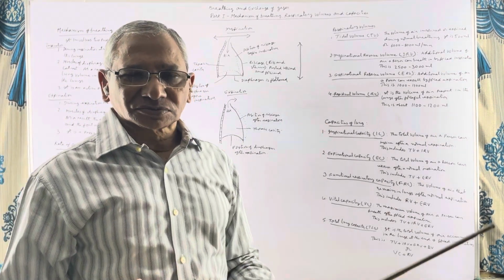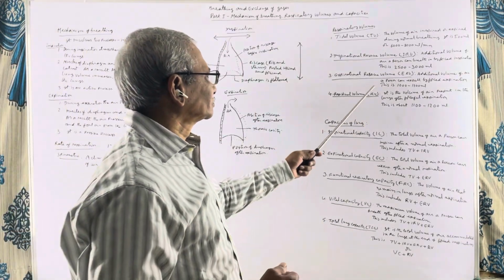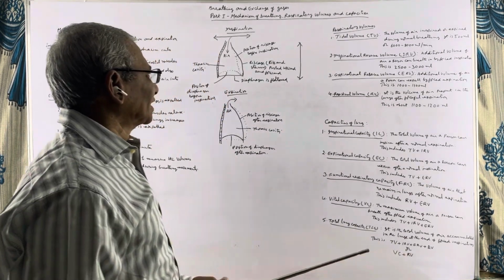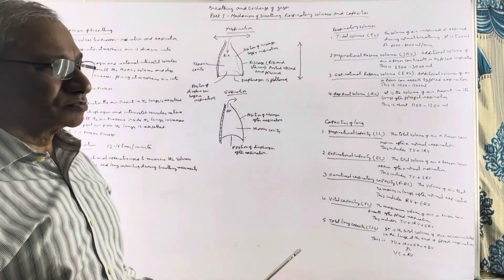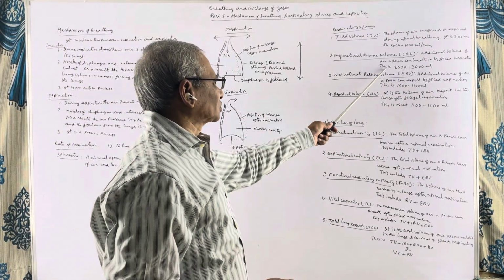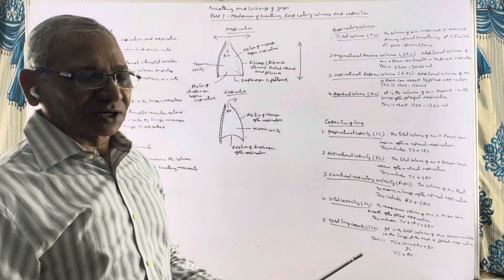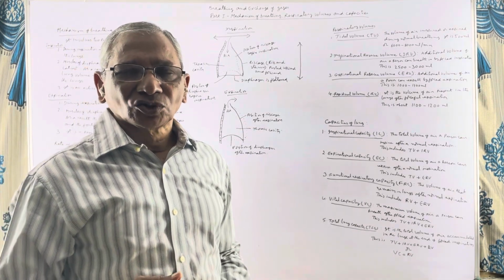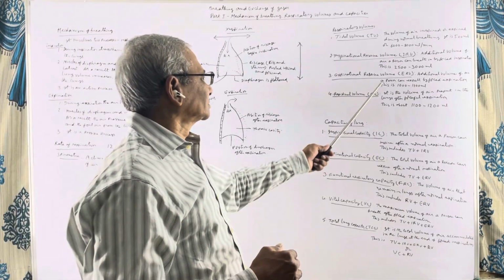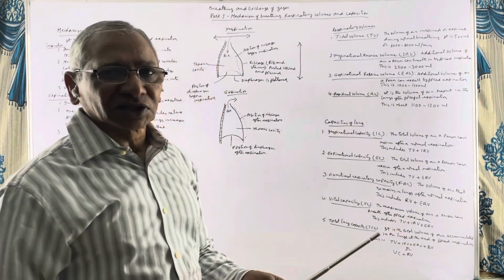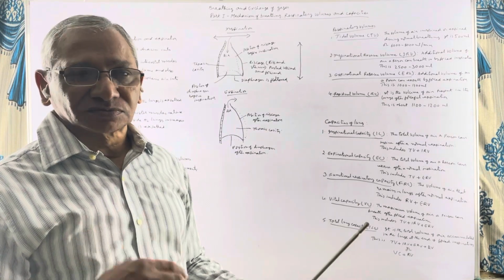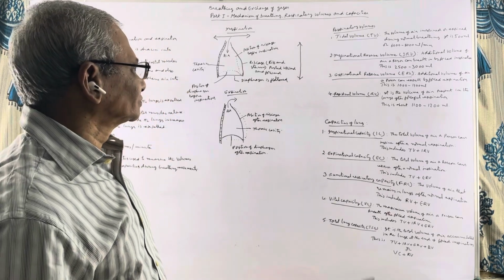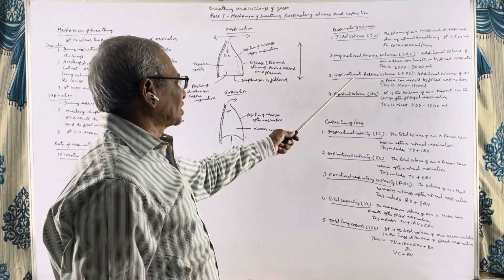This additional volume of forced inspiration is known as inspirational reserve volume. That is 2,500 to 3,000 ml. That means over and above the 500 ml of tidal volume, we take in 2,500 to 3,000 ml of air into the lungs through forced inspiration.